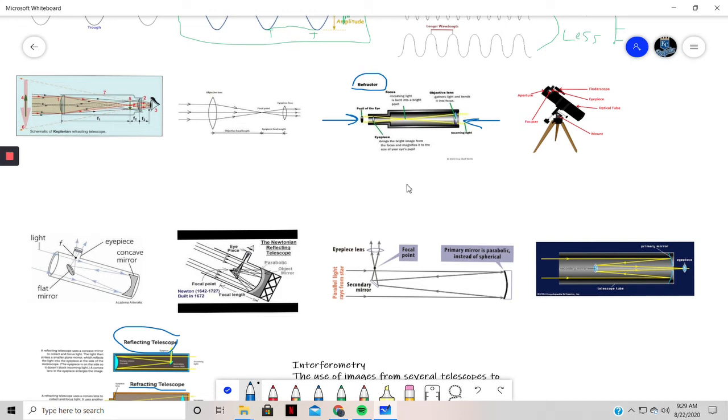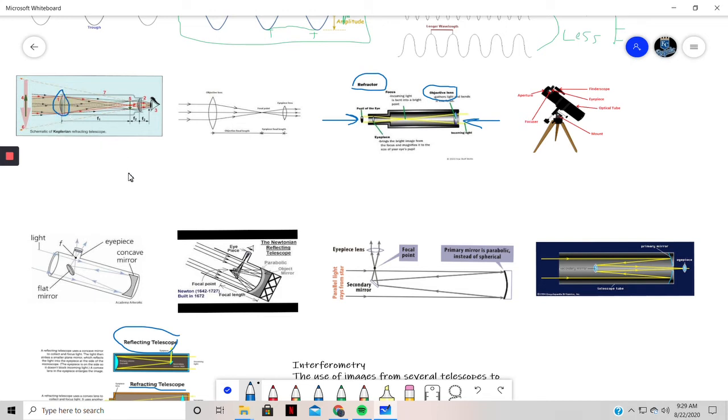But the way this works is the light comes in and it goes through an objective lens and travels through the objective lens, and that lens is curved just slightly. You can see it again over here as well.